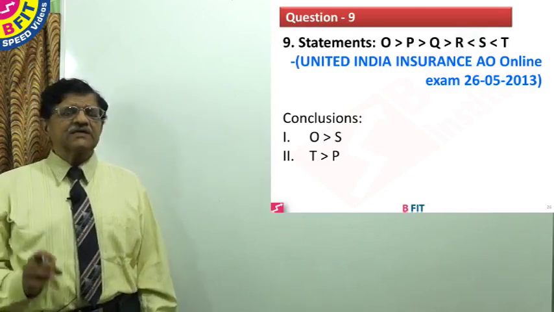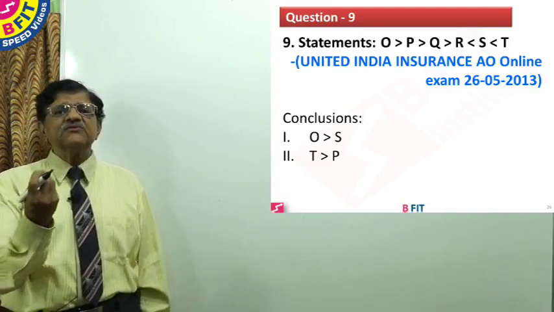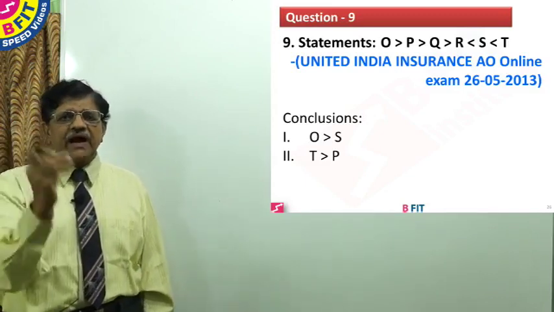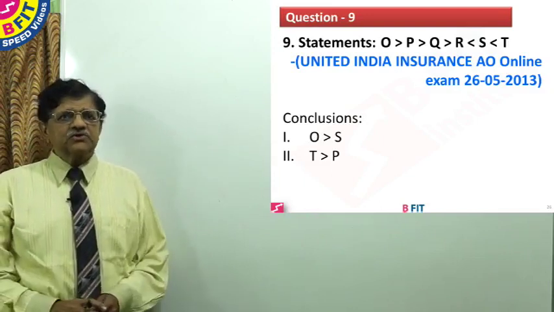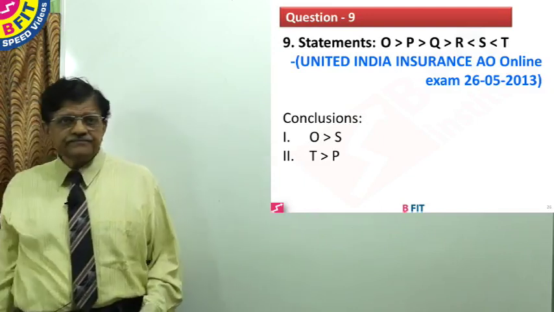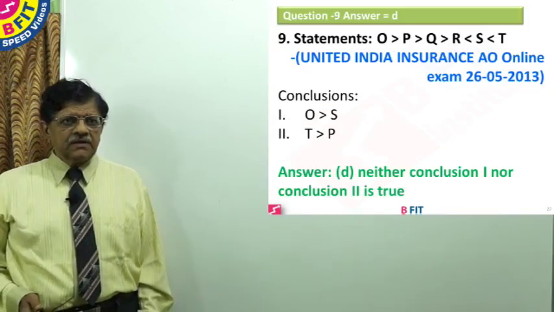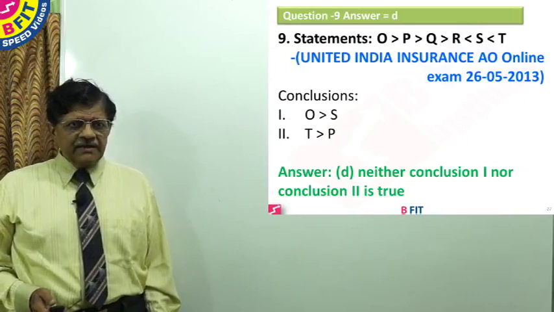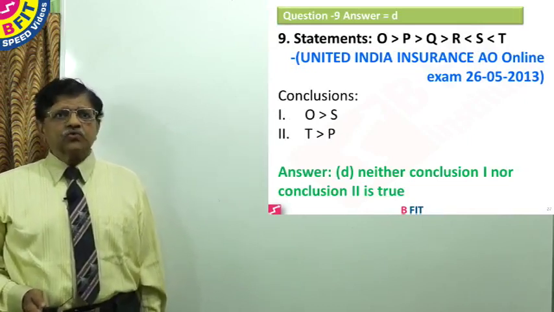So, as far as this problem is concerned, both conclusions are false. You can just give the answer by looking at the statement and looking at the conclusion without any actual working. So, both conclusions are false. Let us see the answer slide. For question number 9, neither conclusion 1 nor conclusion 2 is true.